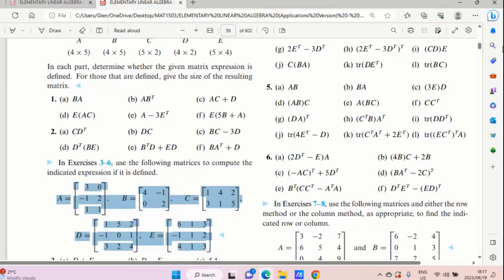So before you subtract E, are you not supposed to multiply the matrix D transpose by 2? Thank you, Abdul. Do we agree on the transpose first before I multiply? Yes, we do.